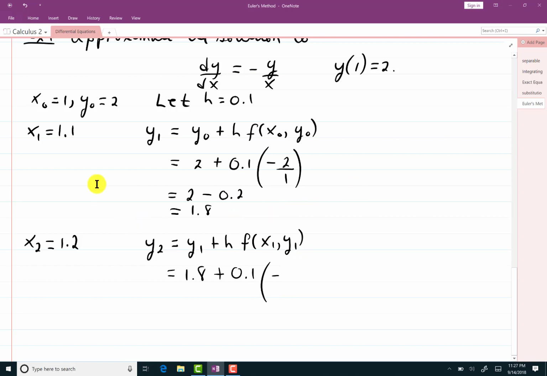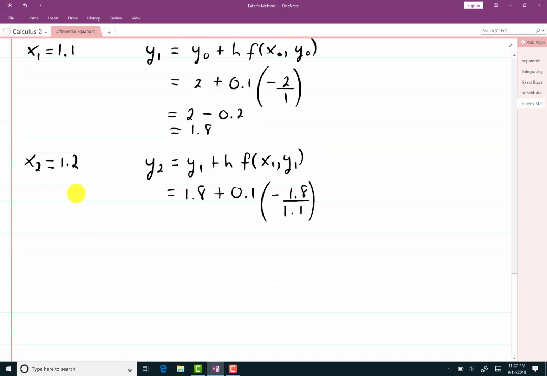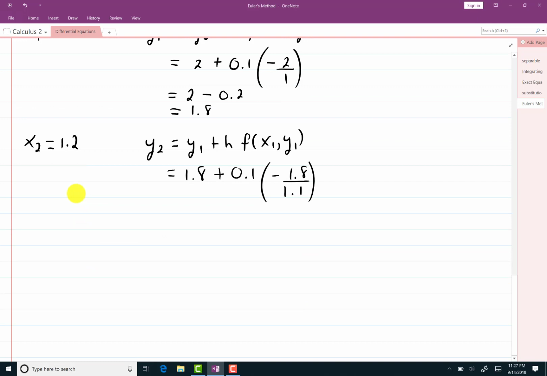So the y1 was 1.8, and the x1 was 1.1. And at some point, the decimals are going to get out of hand. Let me go ahead and start our calculator and calculate some of these numbers.